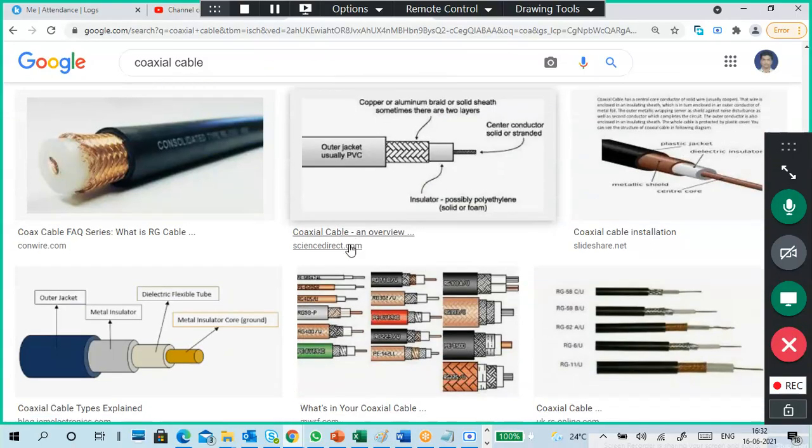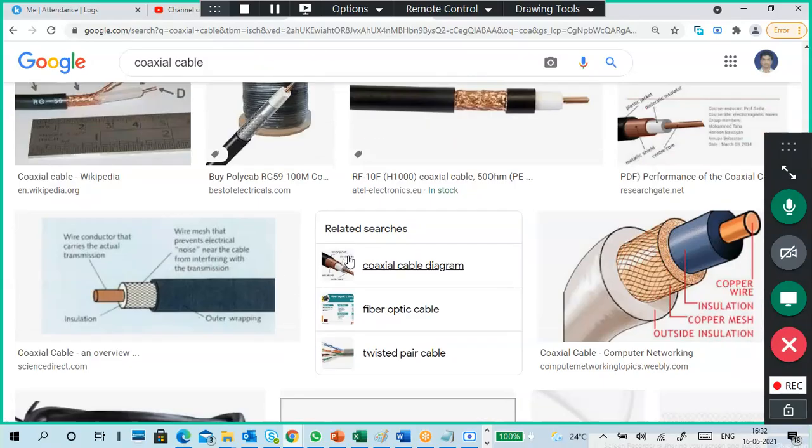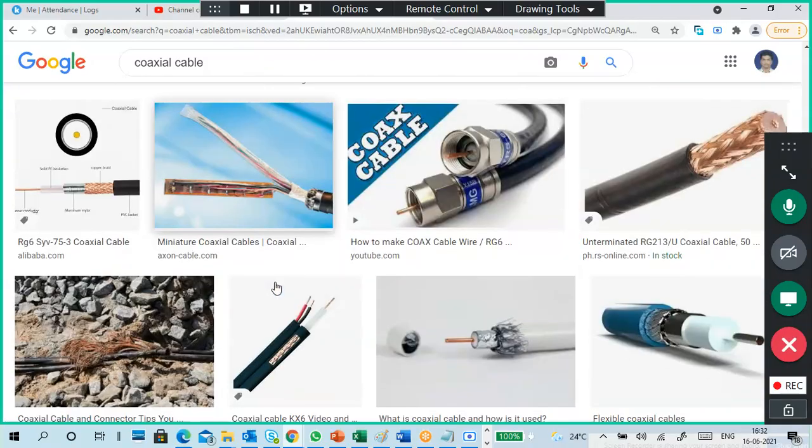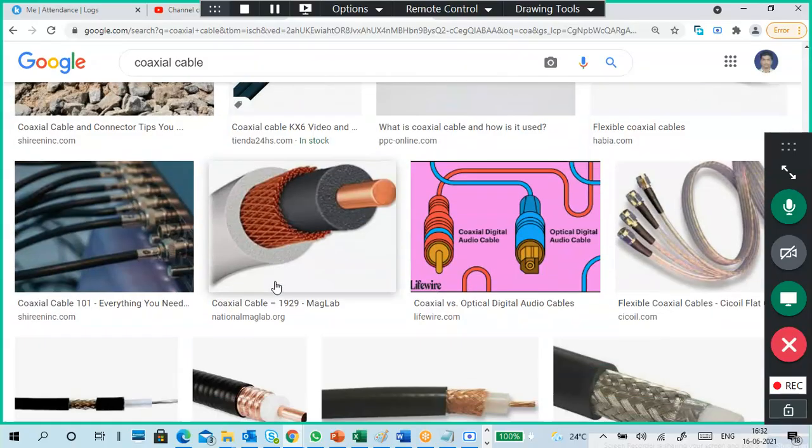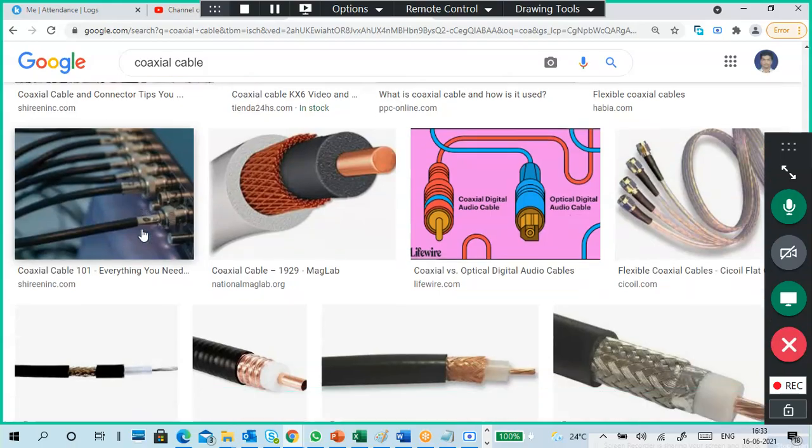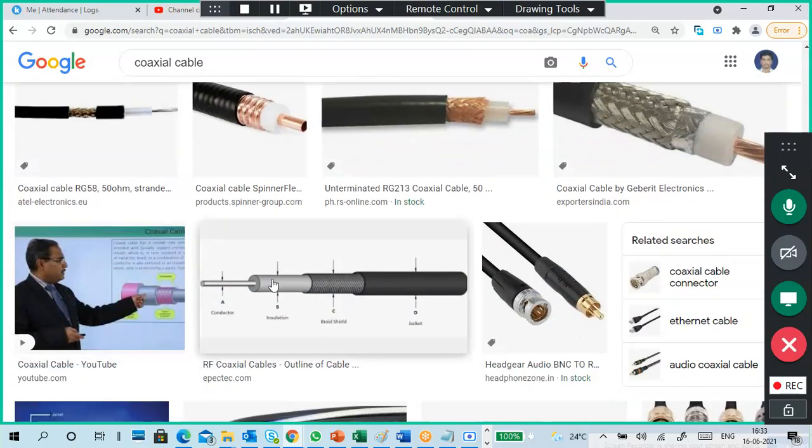Still, some world organizations are using coaxial cables, like the British naval department. Naval uses cables for voice communication, video communication, and data communication also. So we can use this for data communication also.